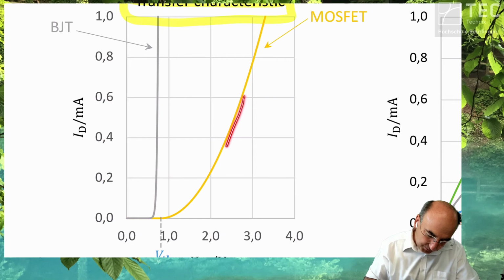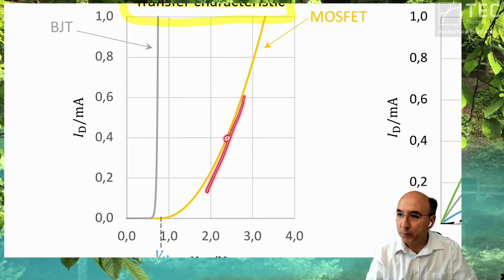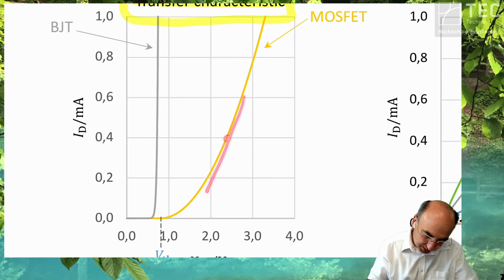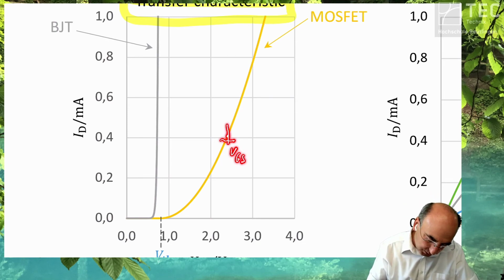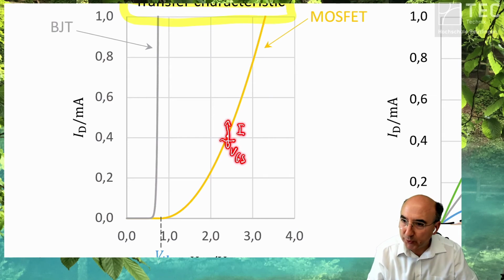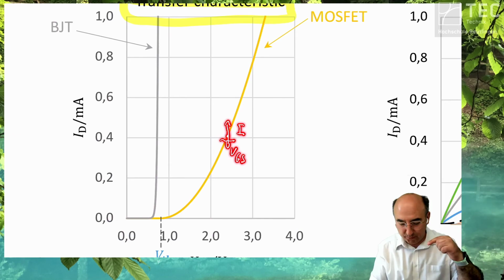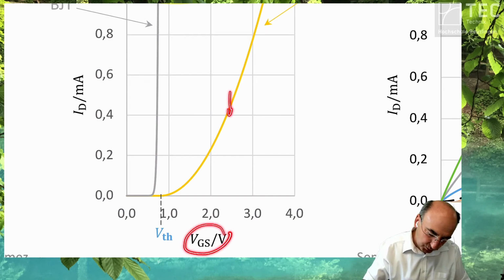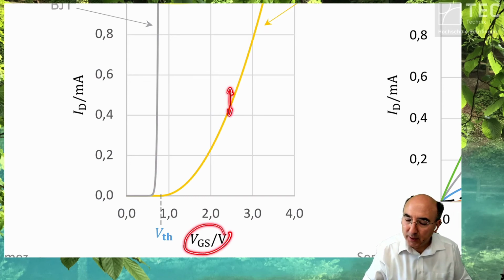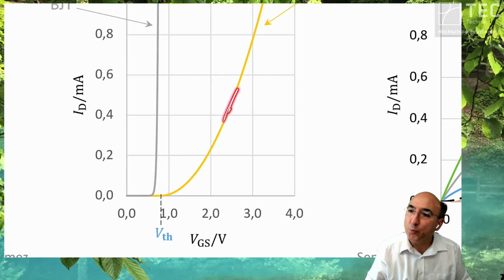The transfer function has a certain slope. So you have a signal in the x direction, that's the voltage gate source, and this signal produces a current through the transistor. So this capability to transfer a gate source signal to a drain source voltage current is limited, and this is the slope.